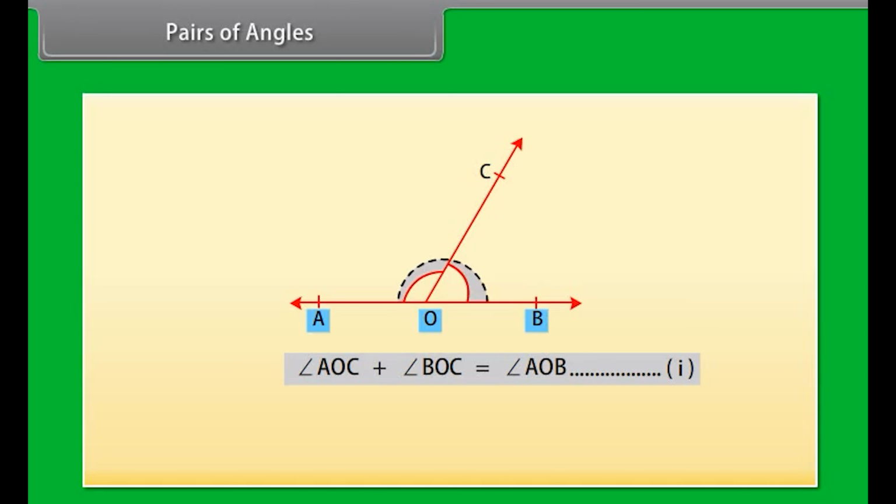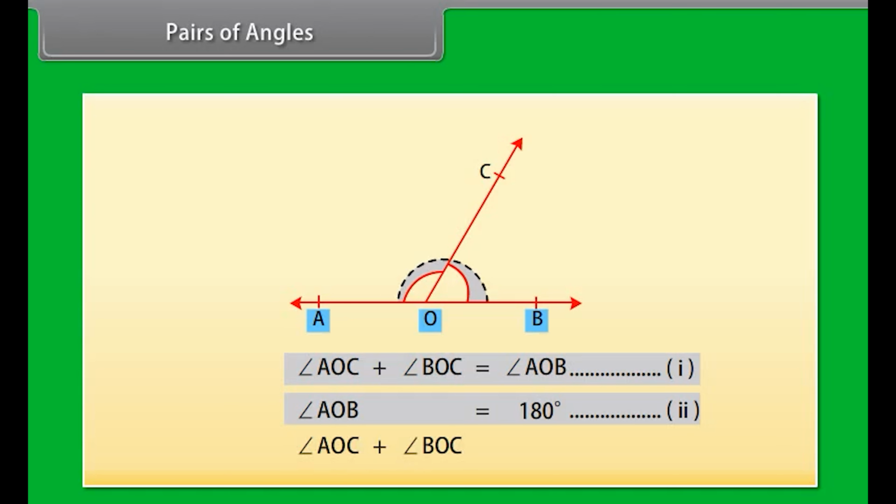The measure of angle AOB is 180 degree because it is a straight line. Mark it as 2. From 1 and 2 we can say that angle AOC plus angle BOC is equal to 180 degree because angle AOB is 180 degree. This gives an axiom. Let's go through it. Axiom 1.